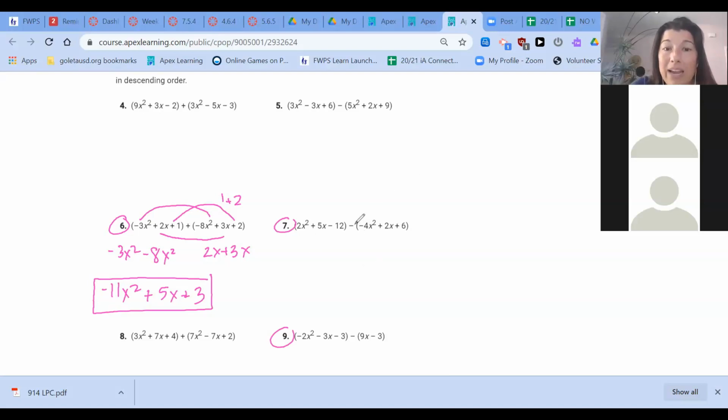Number 7. So this one is different. We have a negative in between our 2 parentheses, which means we're subtracting that second set of parentheses from the first, which means we have an imaginary -1 out in front, and we need to distribute that through that second set of parentheses. And in essence, that changes every sign in that second set of parentheses.